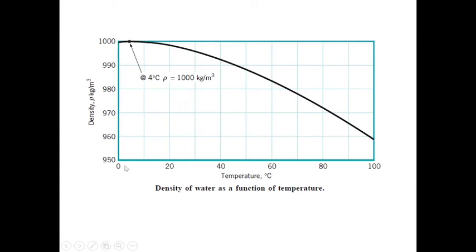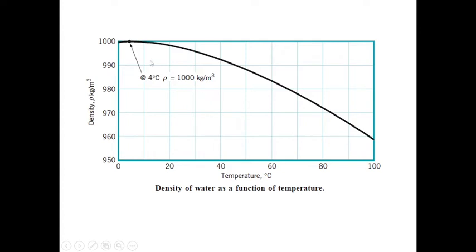At kung mapapansin nyo yung graph, kinukumpara dito yung pagbabago ng temperatura sa density ng liquid, which is water. Density of water as a function of temperature. Relationship na nag-e-exist between temperature and density of water. So, what have you noticed here?